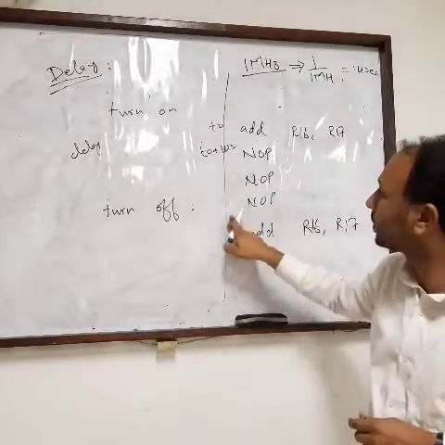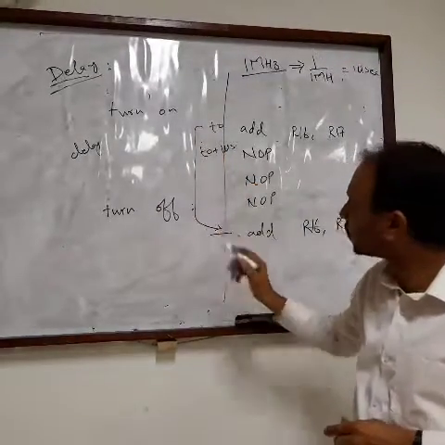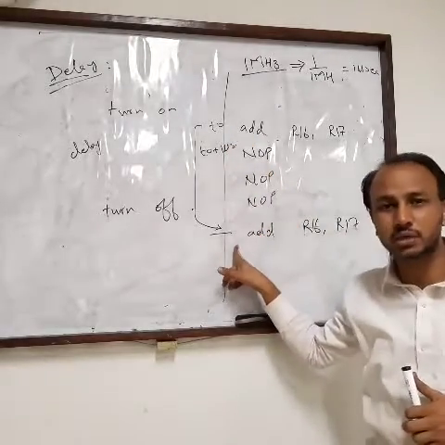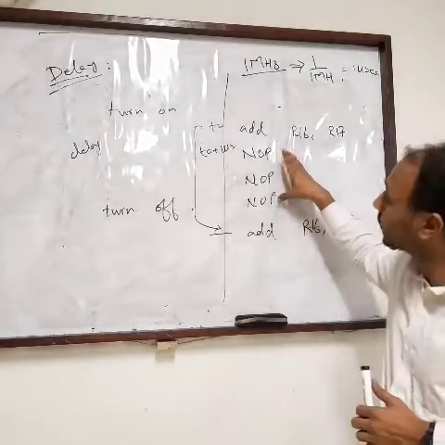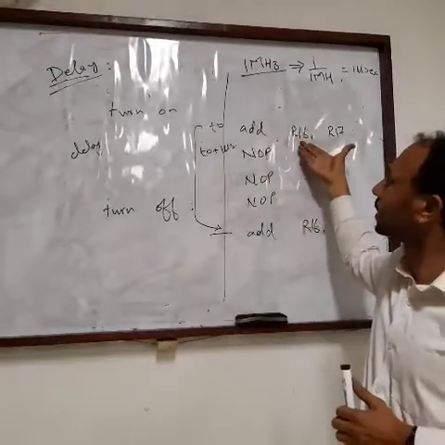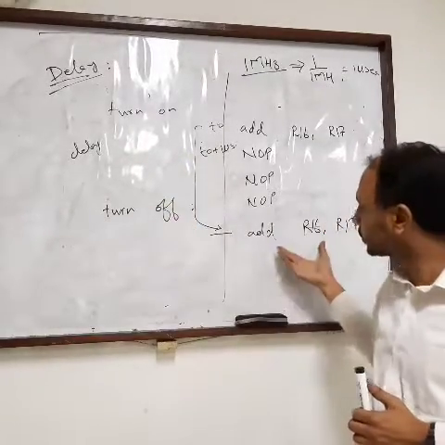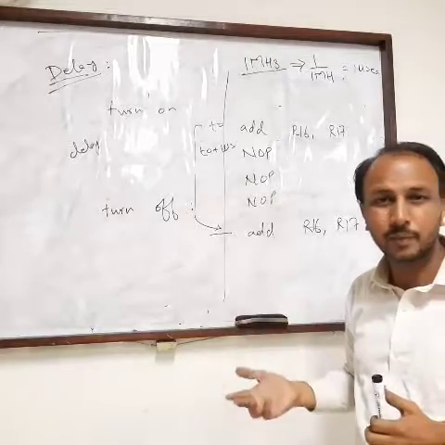After 3 microseconds this instruction gets executed. So if instead of this instruction I was using turn on light, and here turn off light, it would be a 3 microsecond delay.